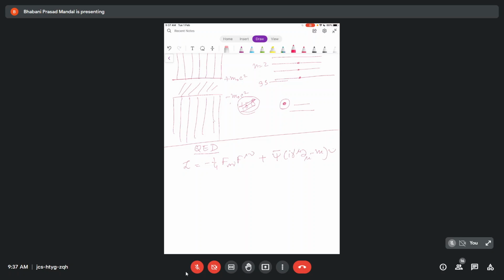This is your Dirac, and this is electromagnetic. No interaction between them. Now, how does the interaction come? This is the photon, the light particle, and here you have the electrons. So how do electron and photon interact? This term is not gauge invariant.